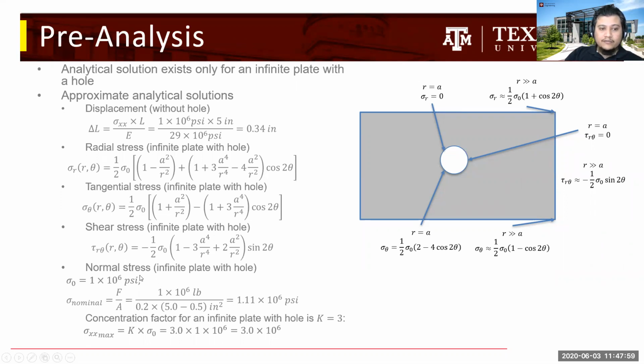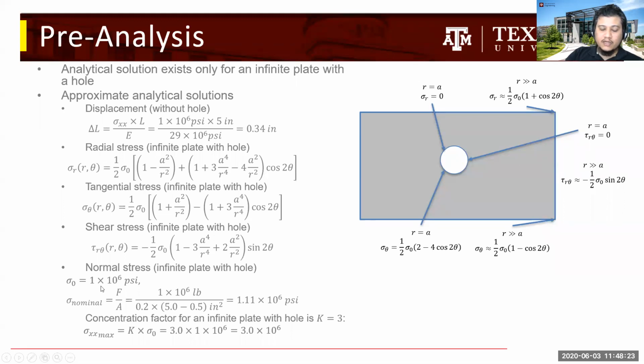Then we will be interested in the normal stress component in the x direction as well, and the relationship for that is at the bottom. So this is the nominal stress, where sigma naught is the applied distributed load on the right hand side.